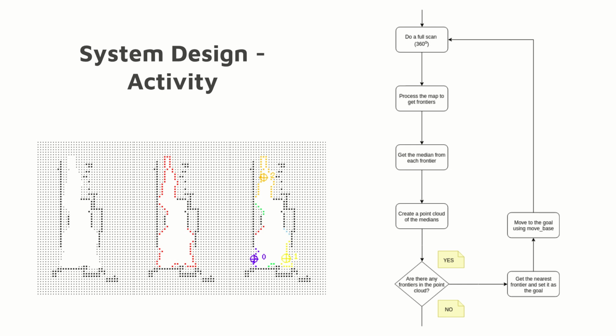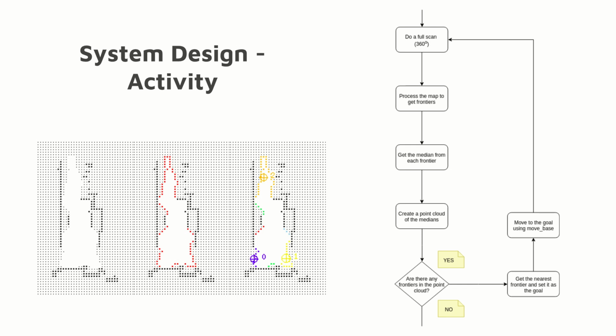In every loop we check whether or not there are more frontiers in the point cloud. Usually after a certain point, when the robot is done mapping the whole space, there won't be any frontiers left, and that's when we end. Until then, once we process the frontiers and get the medians, we set the goal as the frontier which is nearest to the robot, and we use MoveBase to move to that goal.